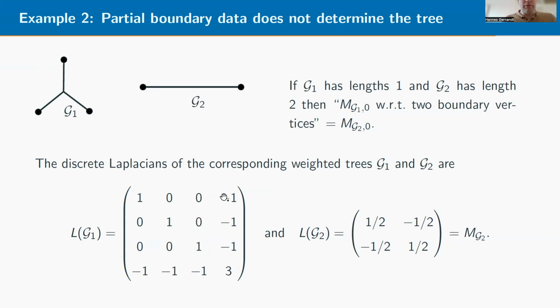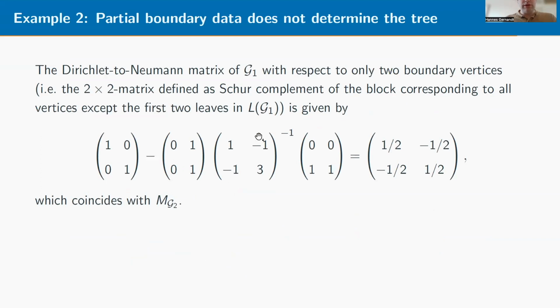The graph Laplacian, we have seen this in the previous example. That's quite clear. And for this one, you only have one edge, 2 vertices, and this is given by that. So it remains to compute the restriction of this Dirichlet-Neumann map. This is done now on this slide. If I consider the Dirichlet-Neumann matrix only with respect to 2 boundary vertices, then I get this formula.